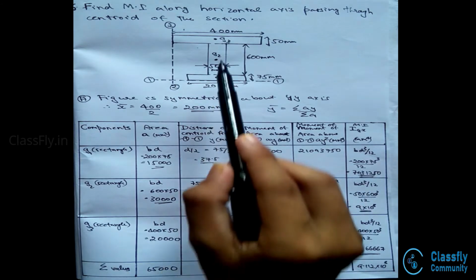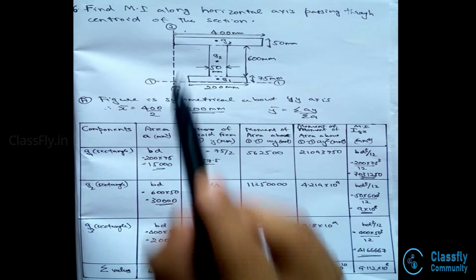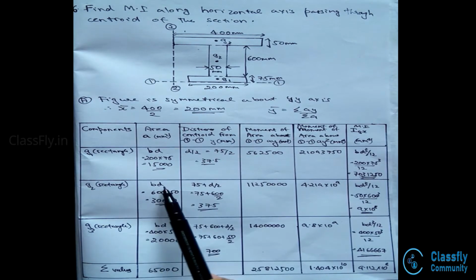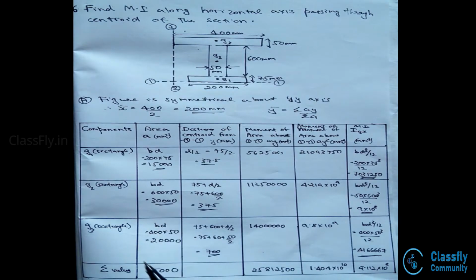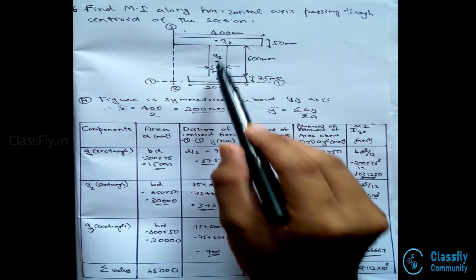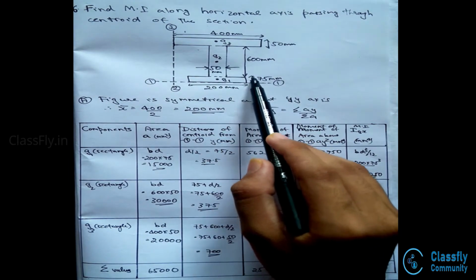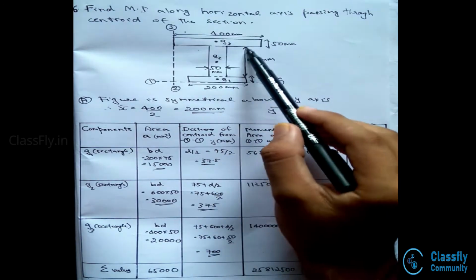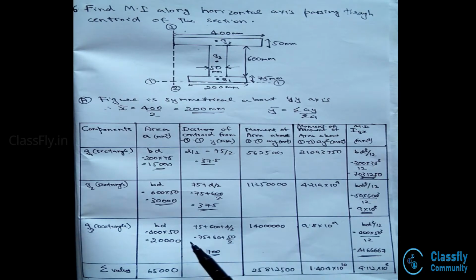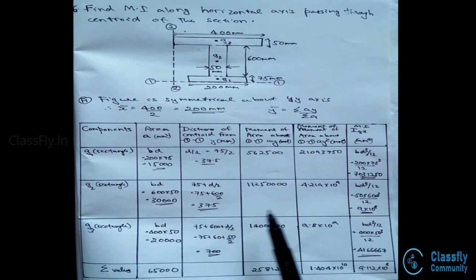Now, similarly, consider the rectangle G2. The area bd is 600 into 50, which will be 30,000. The centroid distance is nothing but 75 plus d by 2 of the G2 rectangle, that is 75 plus 600 by 2. Hence, we will get 375.